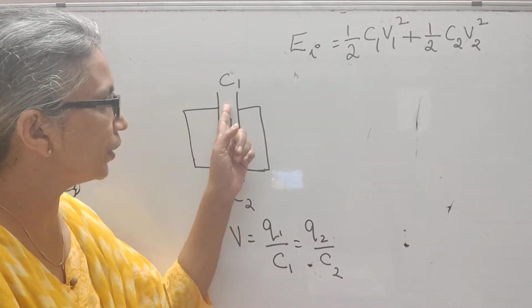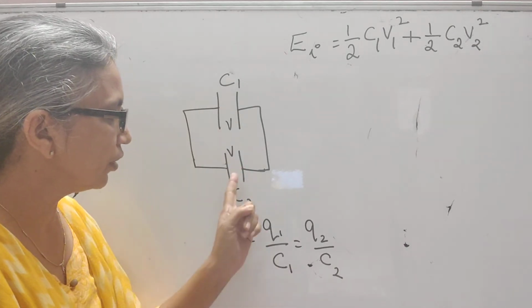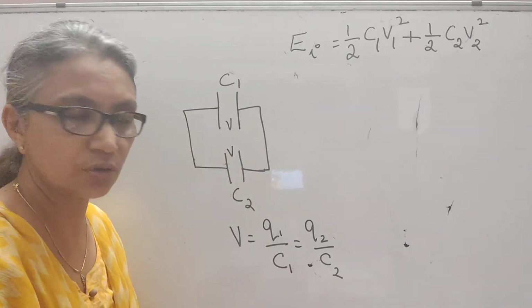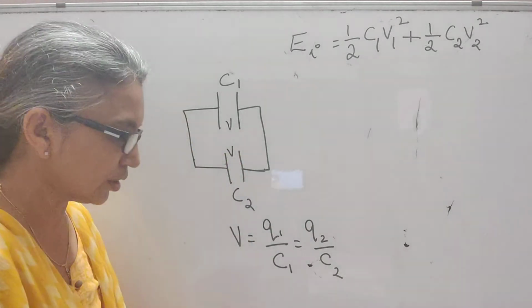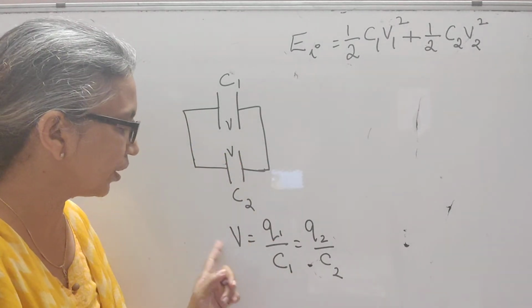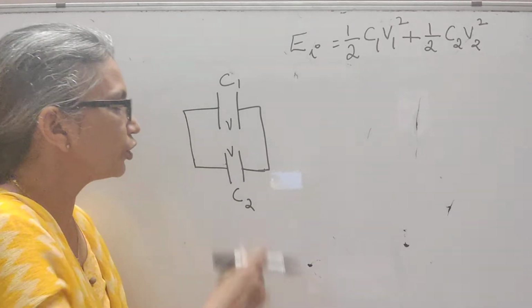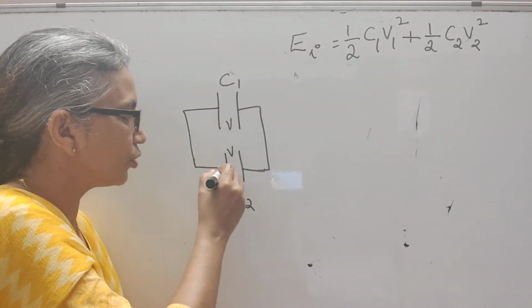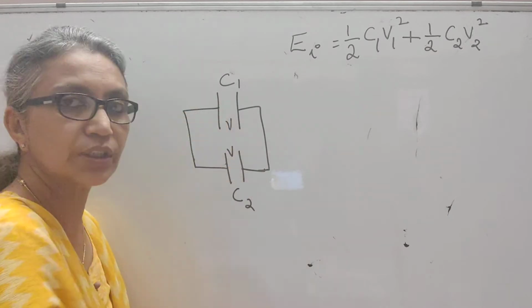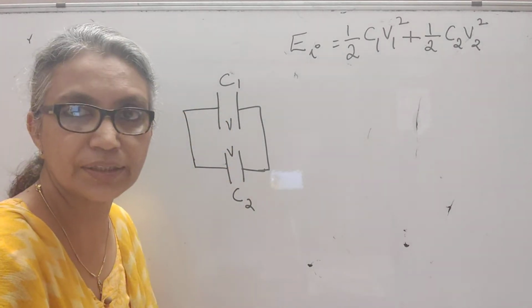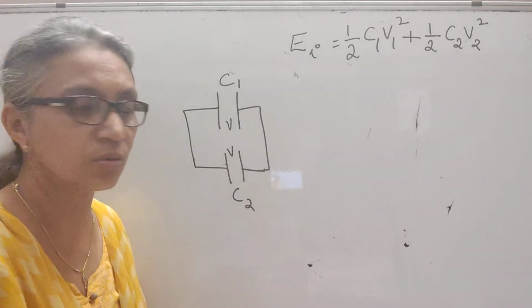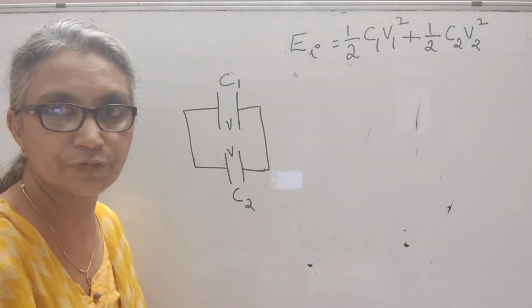V across this should be Q1 by C1. V across this should be Q2 by C2. So they need to share their charges till this ratio becomes the same for both. Sharing of charges would mean that charges must either flow from C1 to C2 or from C2 to C1 till Q1 by C1 becomes equal to Q2 by C2, both being equal to V.